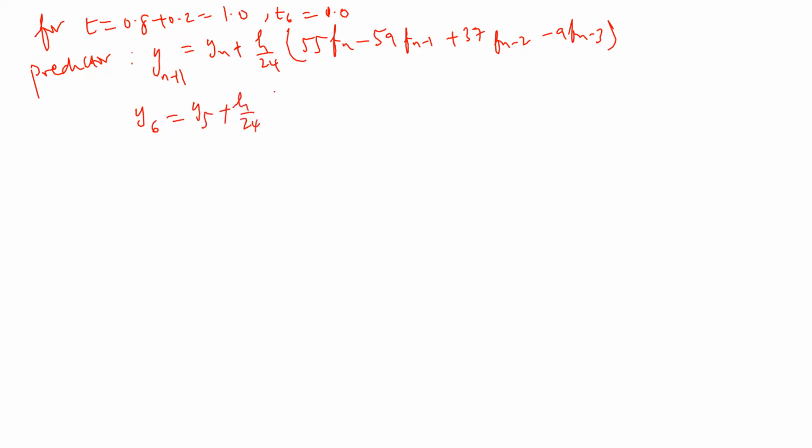H on 24, 55 F5 minus 59 F, 1 less, 4. 37, 2 less, 3. 3 less, 2.